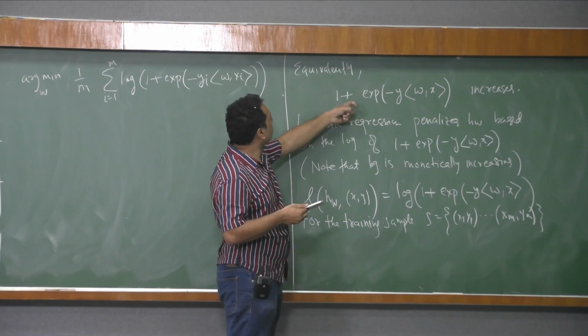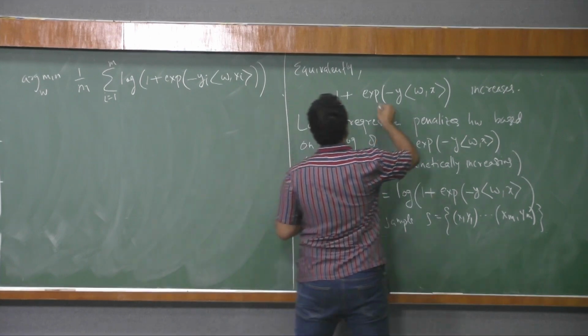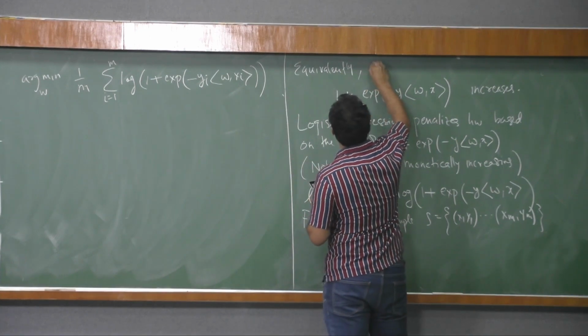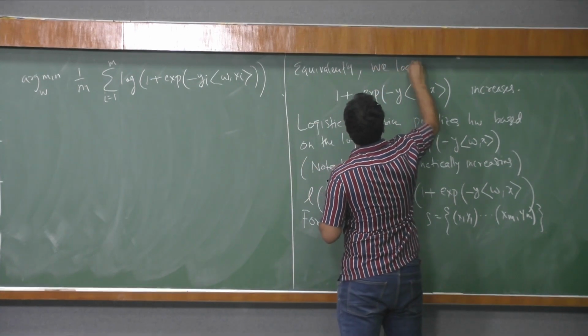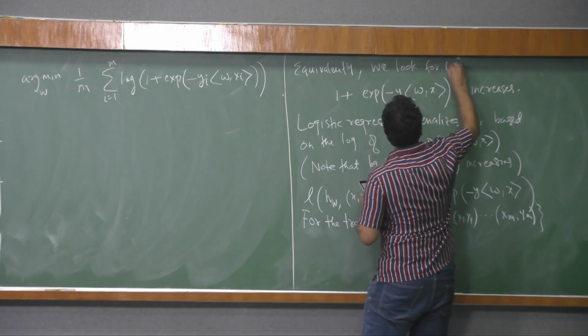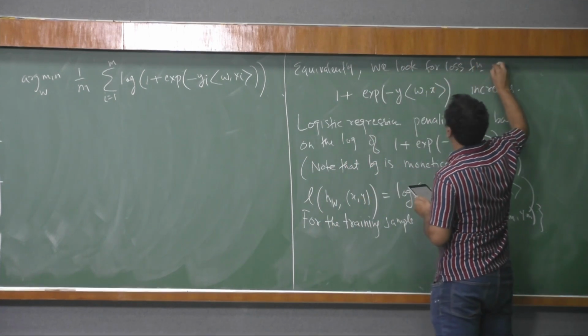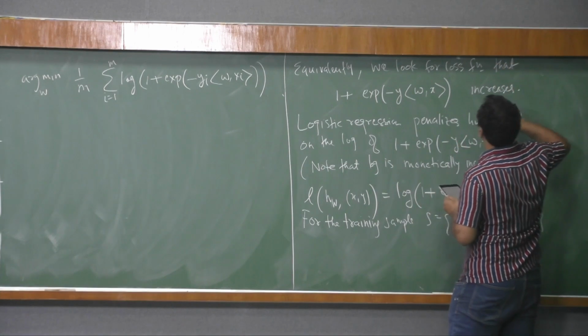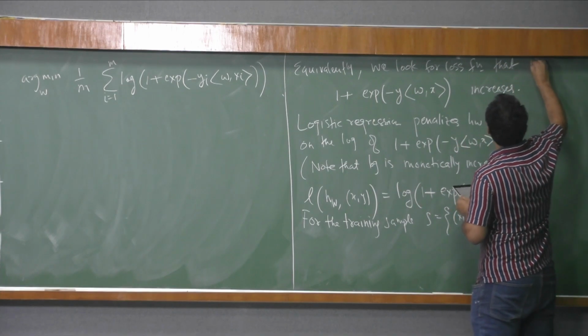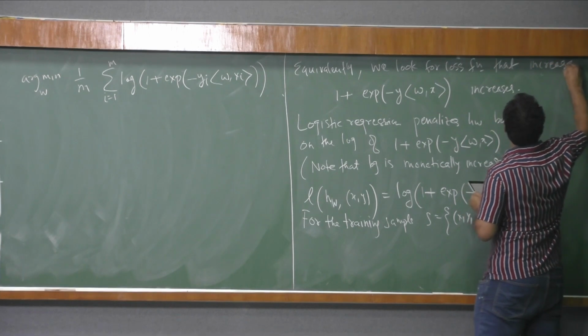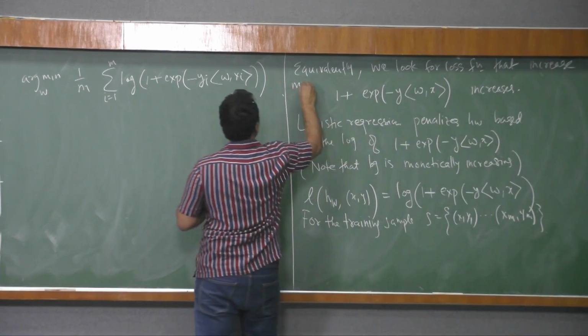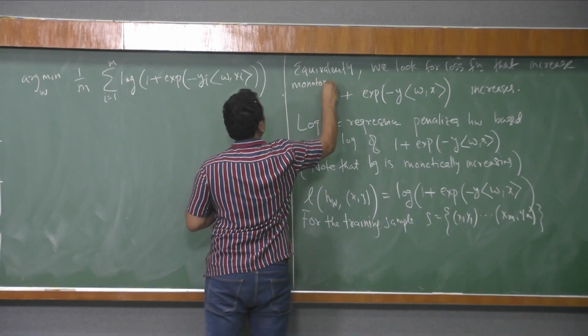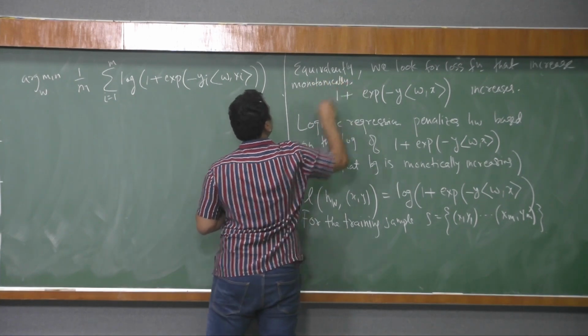So what we are looking for is, equivalently, a loss function that increases monotonically. There is a difference between that. I hope you understand this.